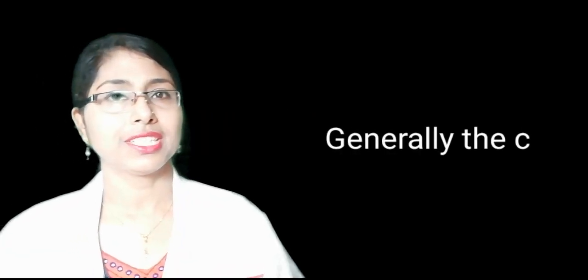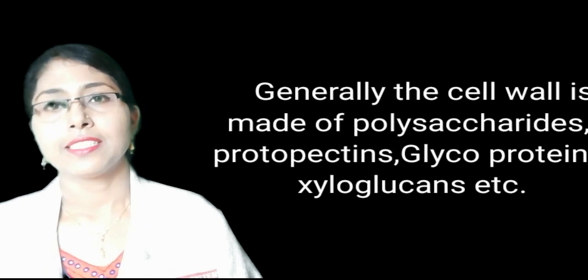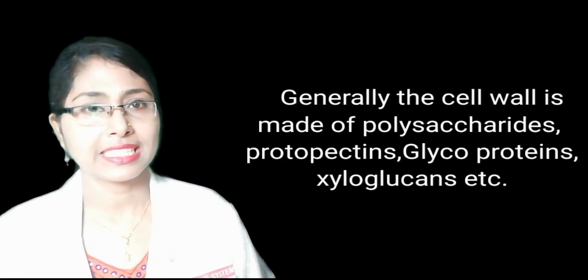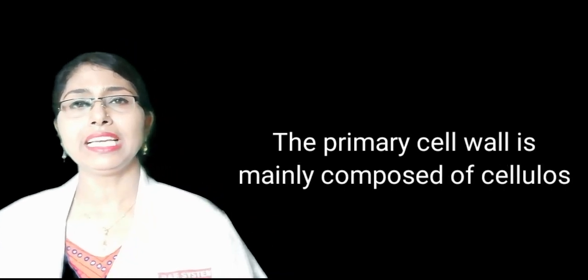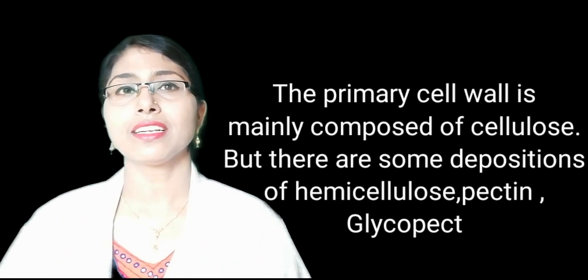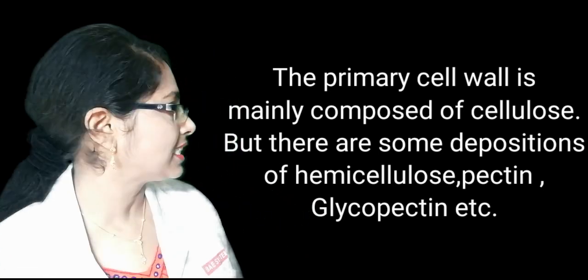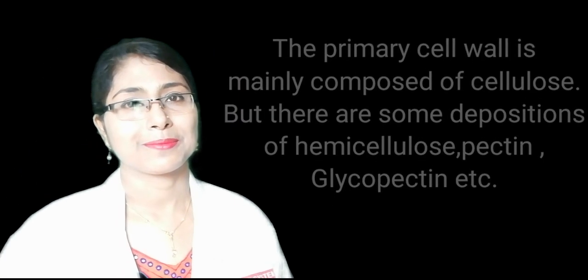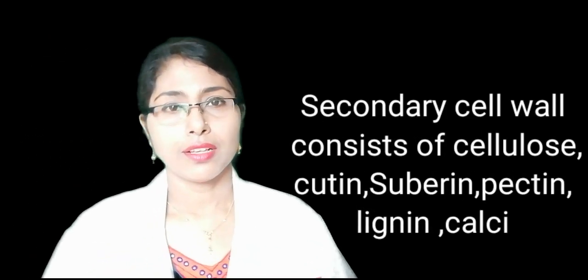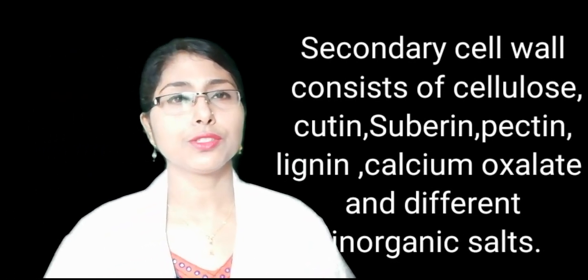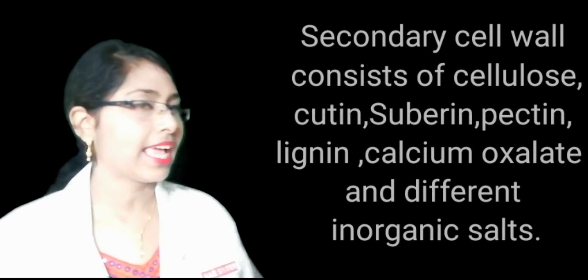Okay, chemical structure. Generally, the cell wall is made of polysaccharides, protopectins, glycoproteins, xyloglucans, etc. Chemical structure of primary cell wall: primary cell wall is mainly composed of cellulose, but there are some depositions of hemicellulose, pectin and glycoprotein, etc. Chemical structure of secondary cell wall: secondary cell wall consists of cellulose, cutin, suberin, pectin, lignin, calcium oxalate and different inorganic salts.